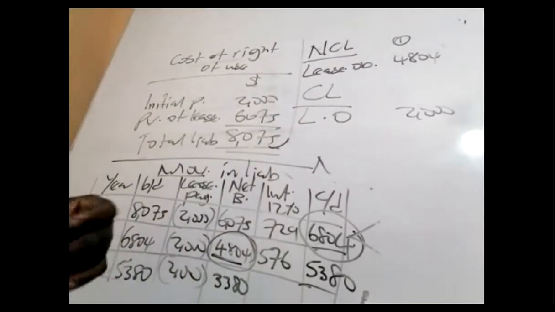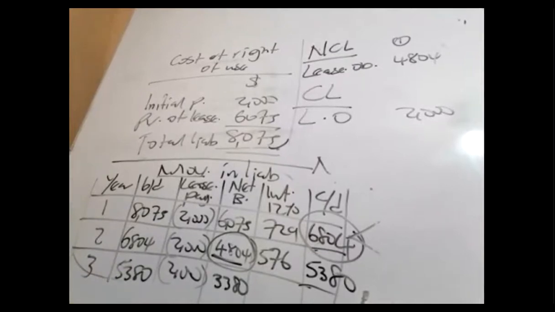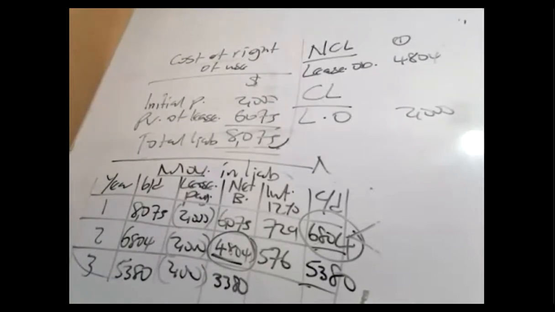This is how far we will go for today. We'll continue with the question solving until we finish everything and then move into lessor accounting. But before we go, I will project another question for you to look at.